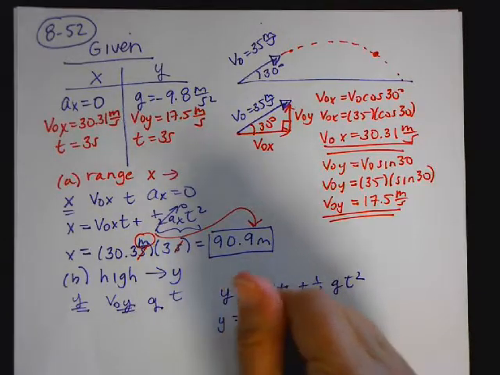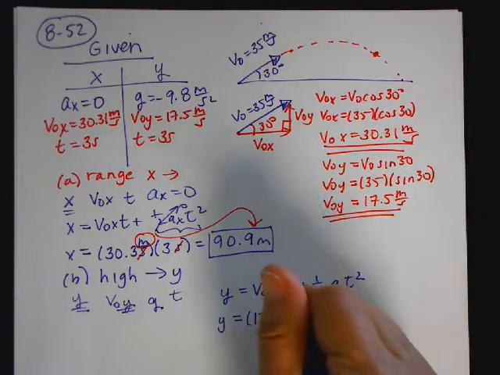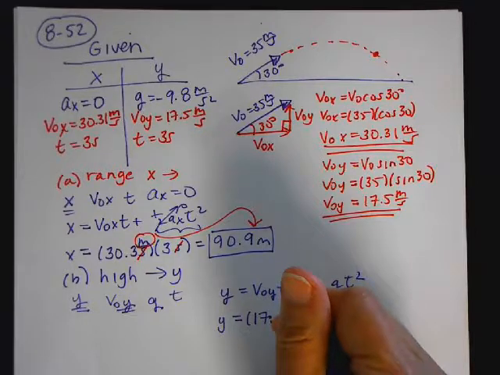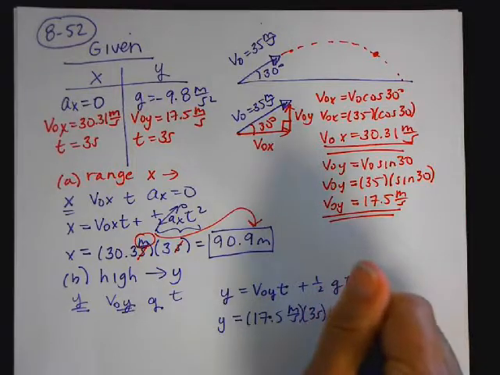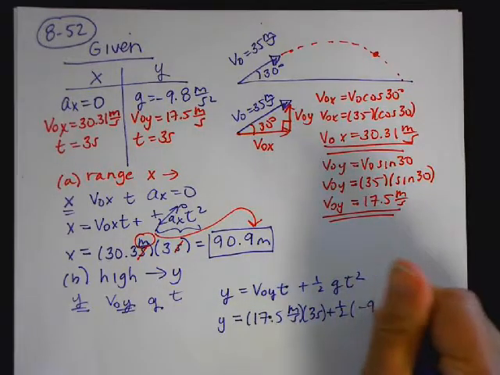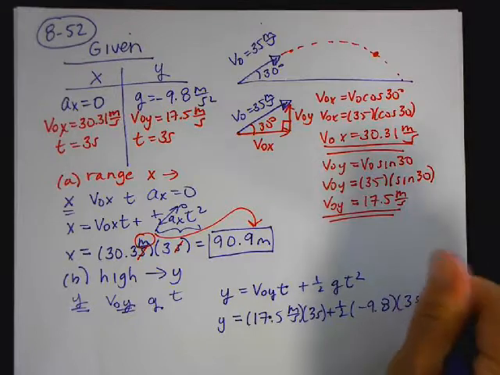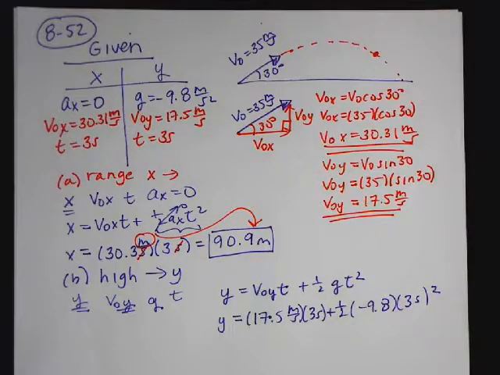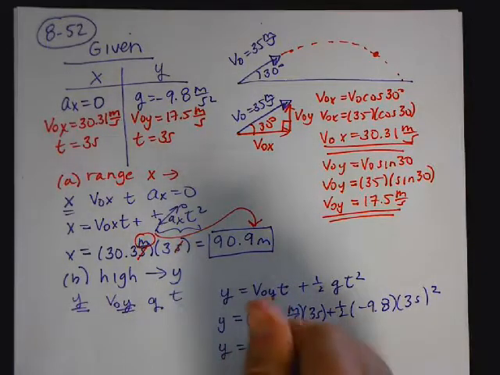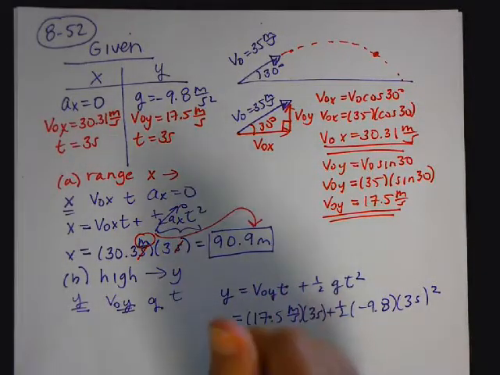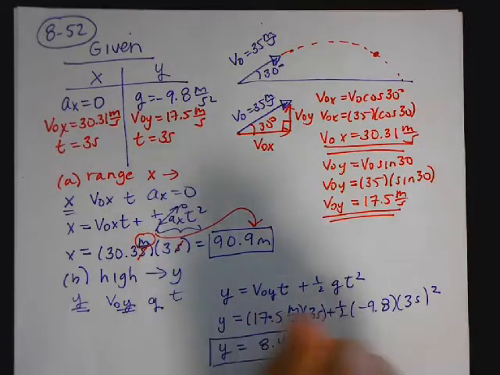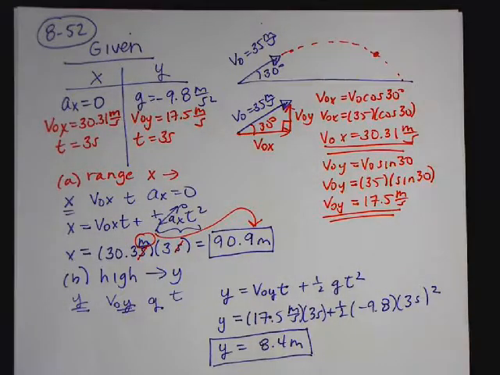So y is equal to 17.5 meters per second times 3 seconds plus 1/2 negative 9.8 times 3 seconds squared. And when I do all this, y comes out to be 8.4 meters. So step by step by step.